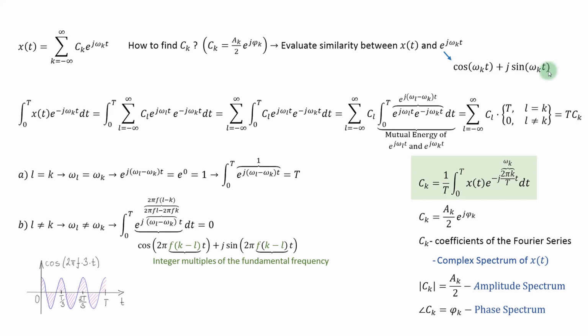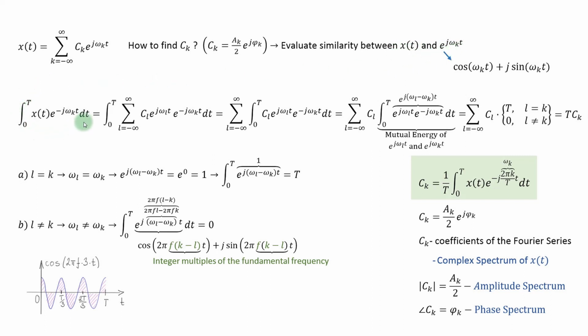Now, how do we evaluate that similarity between my signal and the complex exponentials at the individual frequencies? Well, we did have one measure of similarity, and this is where the mutual energy comes in. To evaluate the similarity between my signal and this complex exponential, we will compute their mutual energy.